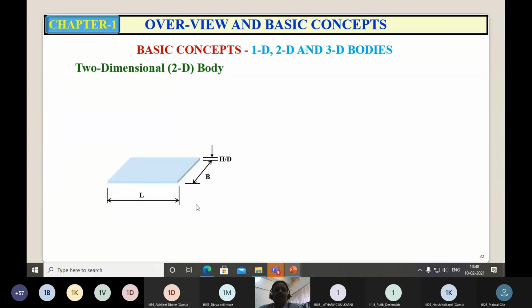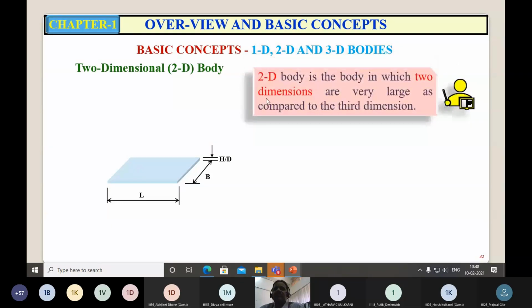Now this body can be called a two-dimensional body. The moment you are saying body, it is defined by its three dimensions. But being the third dimension is very small, we are neglecting that, saying that the body is a two-dimensional body. So a two-dimensional body is the body in which two dimensions are very large as compared to the third dimension.